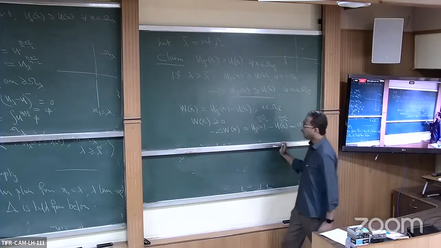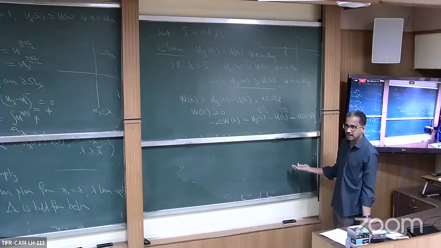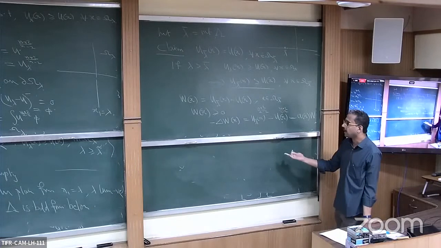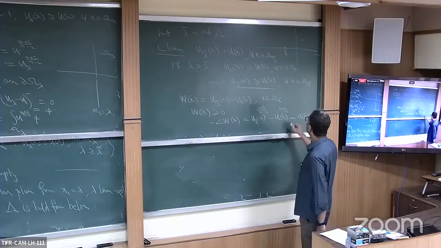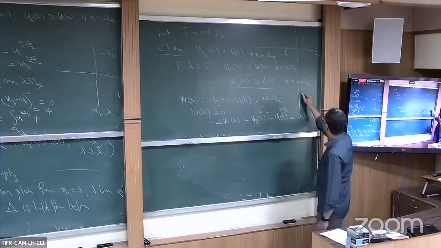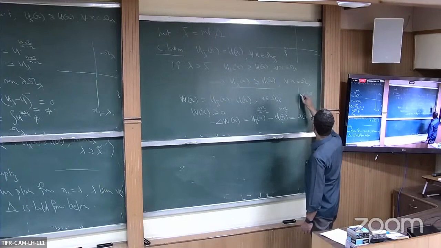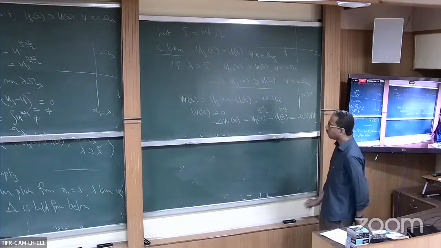Okay. And now if w is not identically 0, then you have the strong maximum principle, and you can claim that either w is strictly greater than 0, and also you know that on the boundary this is going to be 0, right? And w is greater than or equal to 0 here, and here the minimum is attained. Fine. So you have the Hopf lemma.